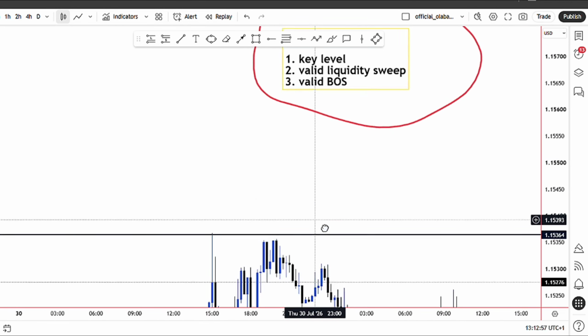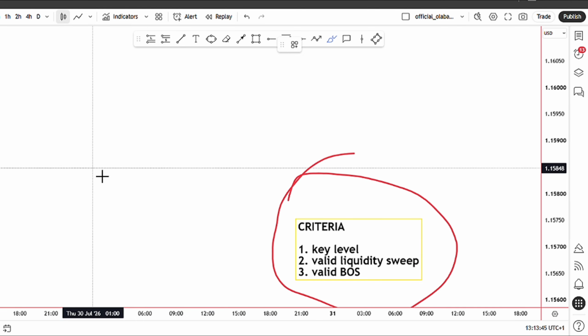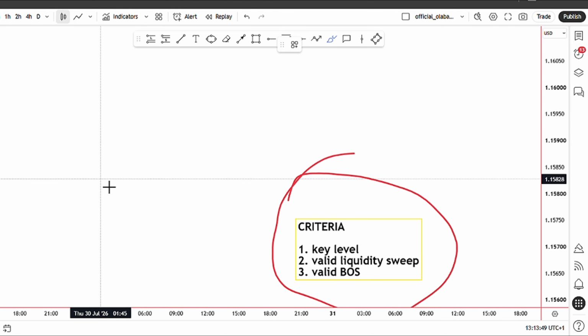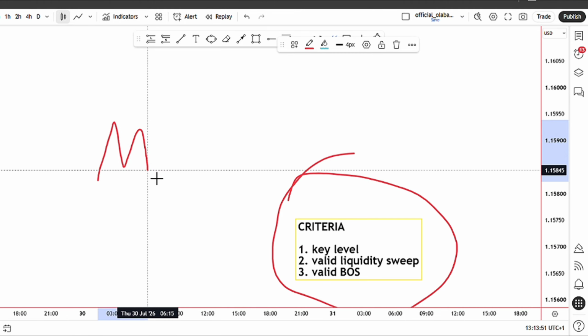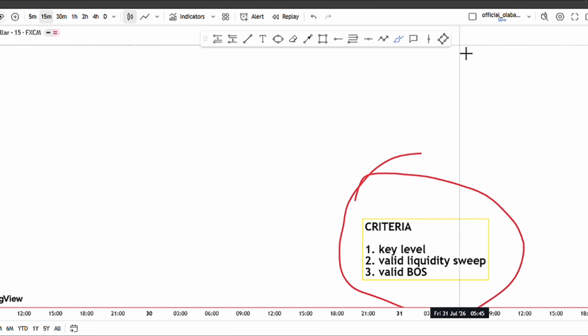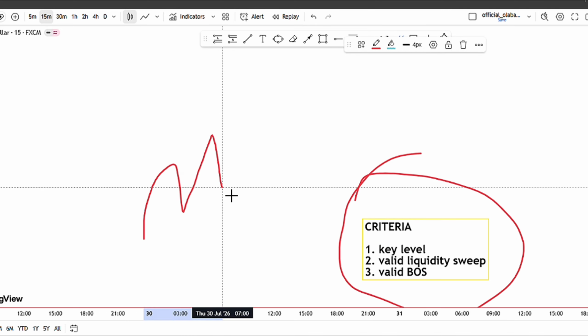Now, what is liquidity? Liquidity is literally just where money is sitting, like a stop hunt. Let's say the market is buying, creating a higher high, higher low, higher high, higher low, higher high.